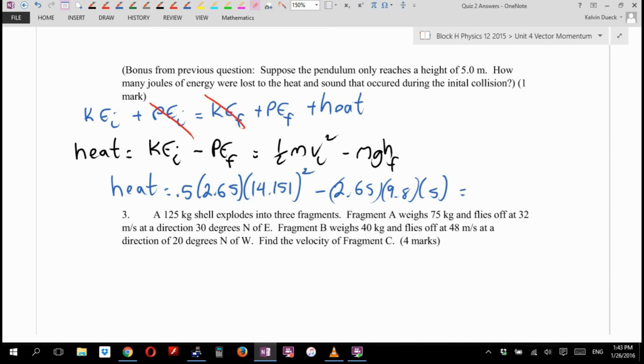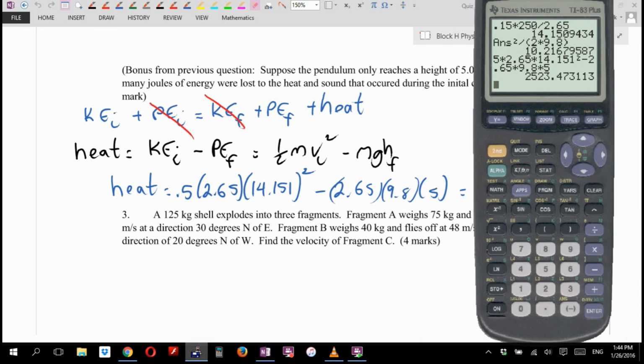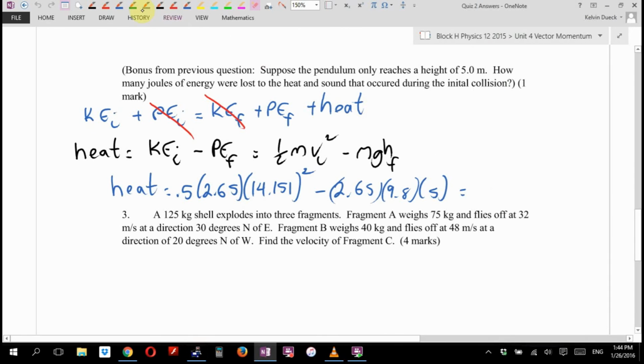So my initial is still 14.151. I only went that high. Where did the extra energy go? This should be right. A half m v squared, we're minusing the PE final, the m g h final. I think I'm getting 2520. But, yeah.